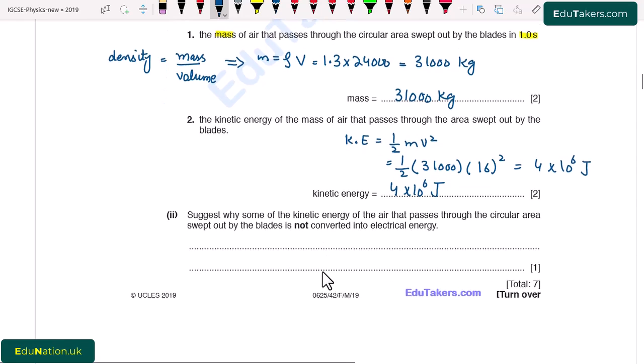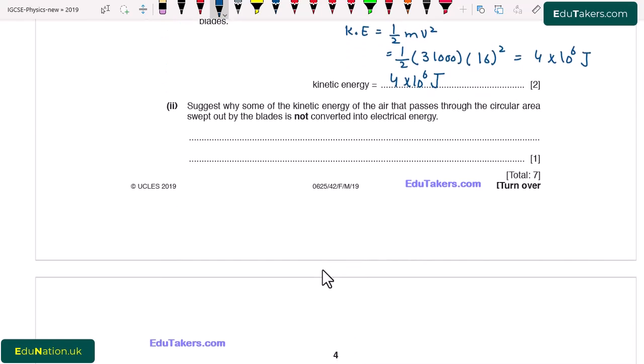Part 3. Suggest why some of the kinetic energy of the air that passes through the circular area swept out by the blades is not converted into electrical energy. So why is some of the kinetic energy not converted into electrical energy? Because the blades cause friction and some of the kinetic energy is used to overcome this friction.